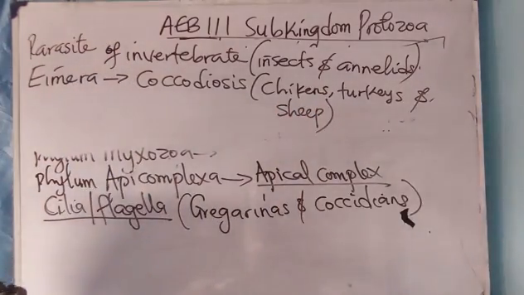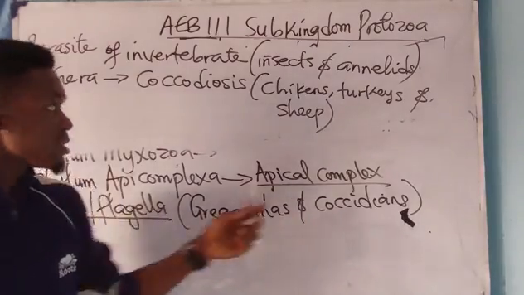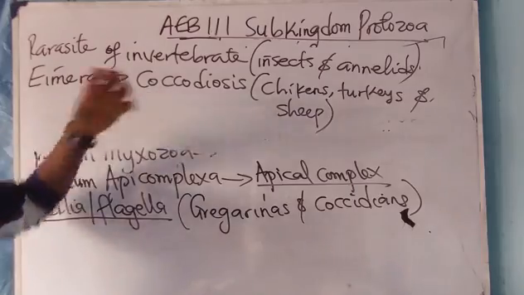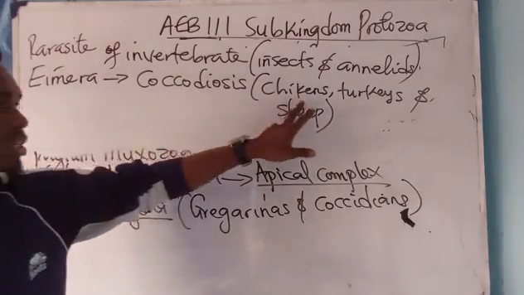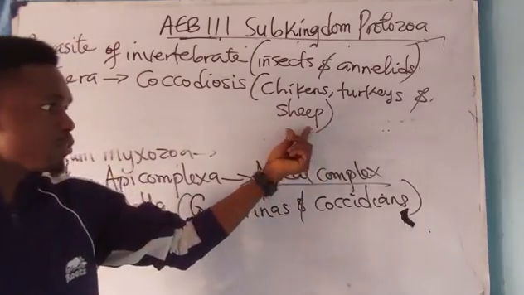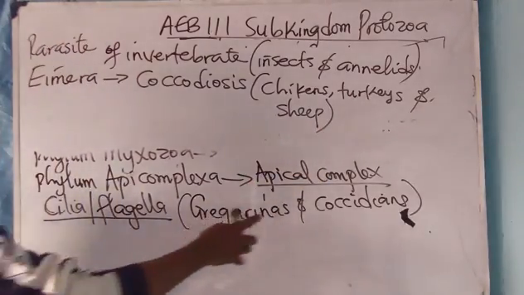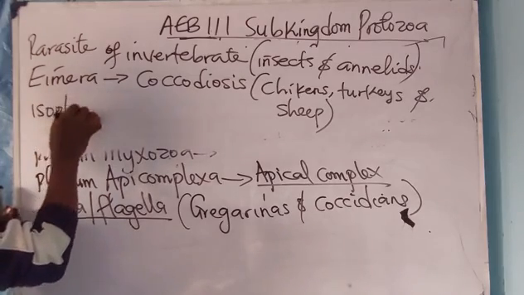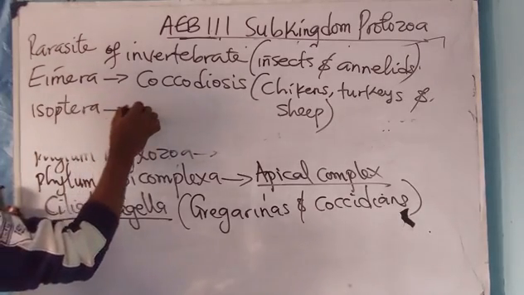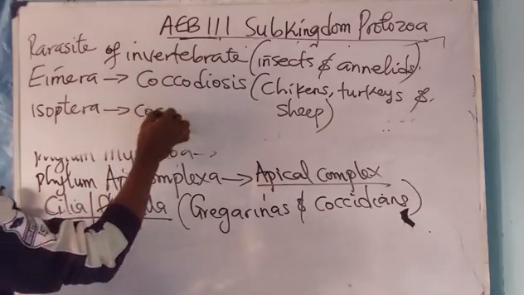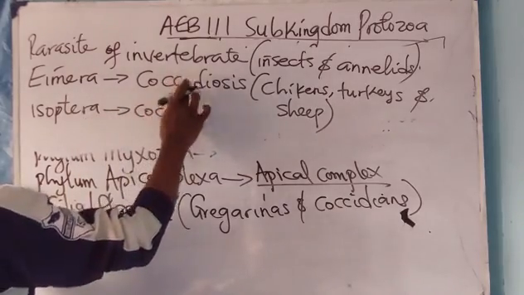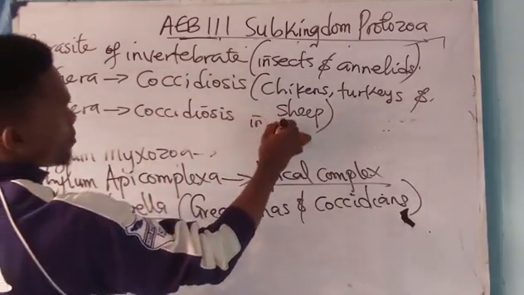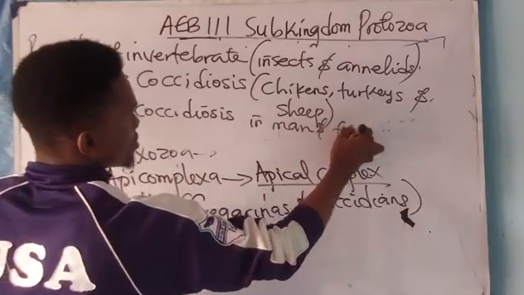One of the coccidians is the Eimeria. This Eimeria causes severe coccidiosis in chickens, turkeys, and sheep. Now, another species of the coccidians is called Isospora. This Isospora causes less severe coccidiosis in man and fishes.